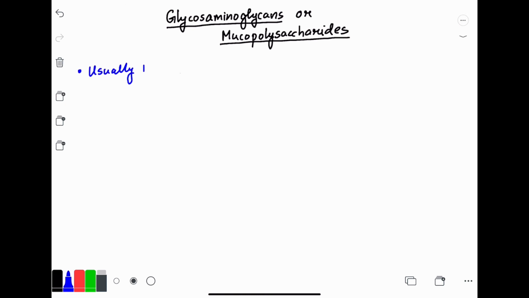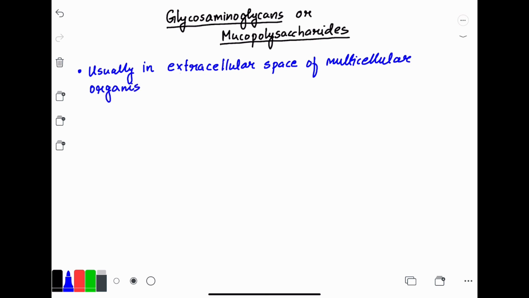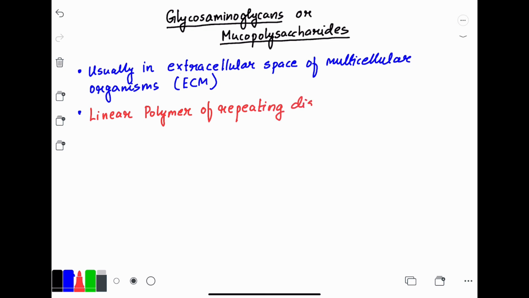These molecules are usually in the extracellular space of multicellular organisms, usually present in the extracellular matrix. And how are they composed? They are linear polymers of repeating disaccharide units.